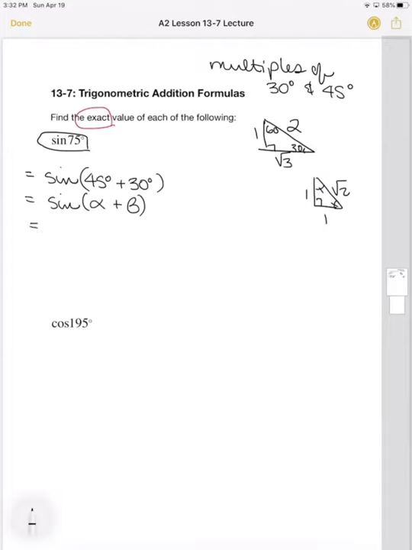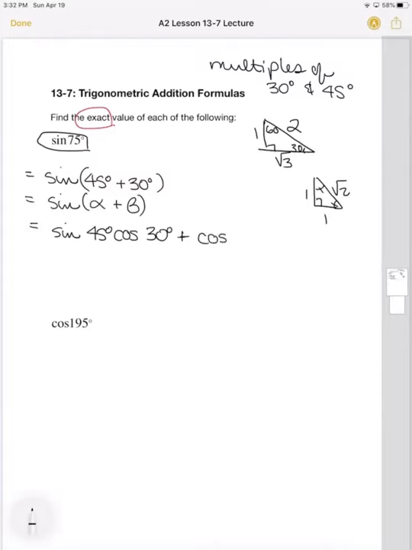We're going to use the first formula of those 4 in the gray box. I'm going to take the sine of alpha, which is 45 degrees, and multiply it by the cosine of beta, which is 30 degrees. Then I'm going to add to that, what does my formula say to do?